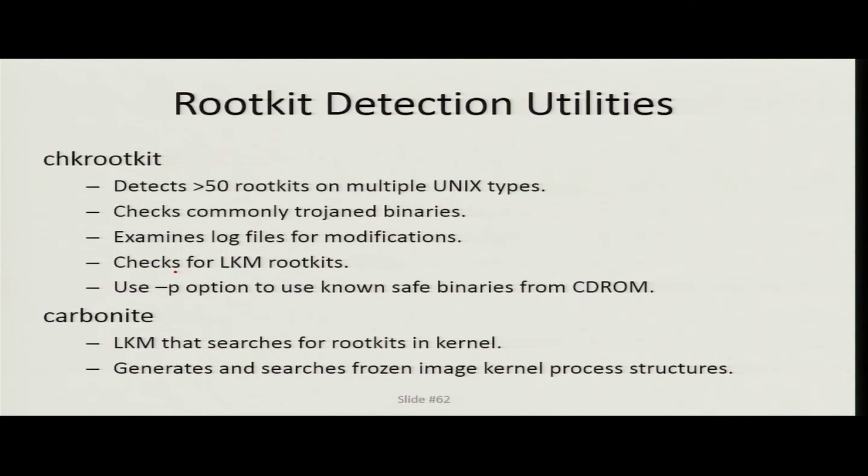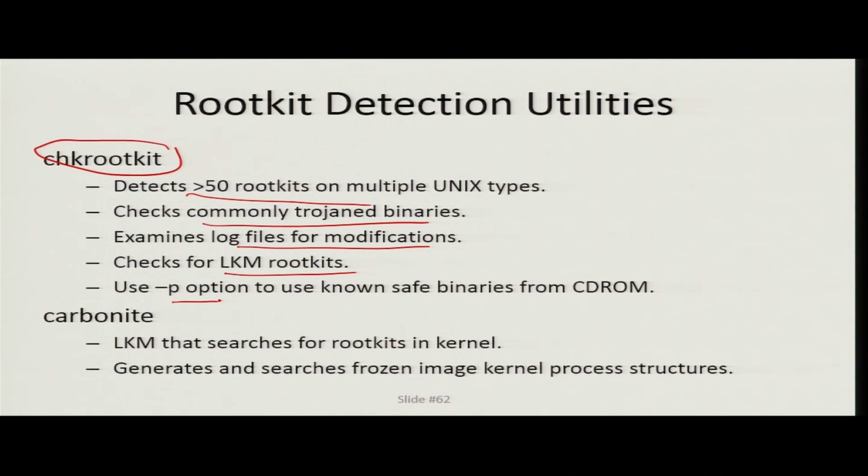There are also other utilities such as chkrootkit, which can detect a number of different rootkits. It can check for common Trojan binaries, examine log files for modification, check for LKM rootkits, and you can use the -p option to use known safe binaries from the CD-ROM.